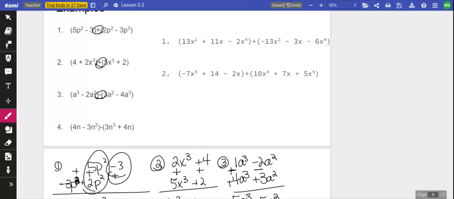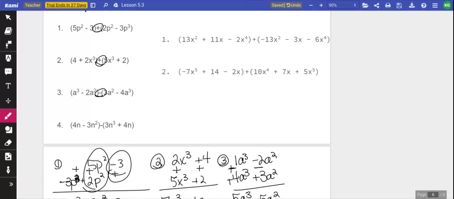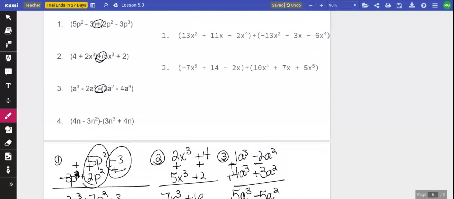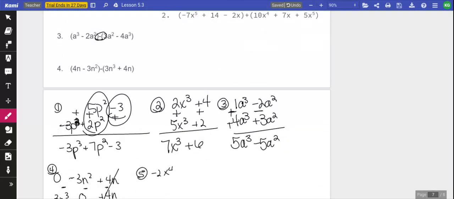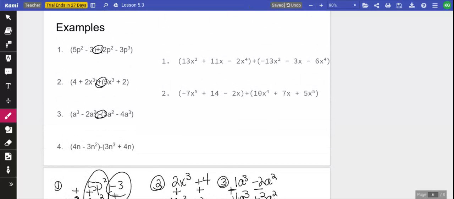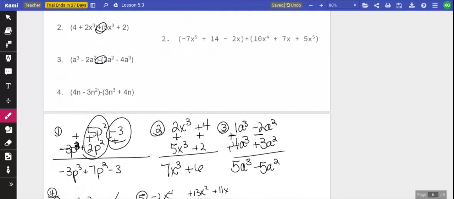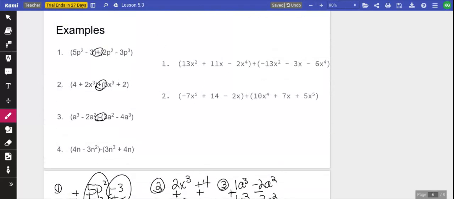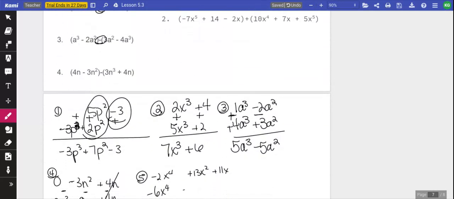For number 5, I'm going to start with my negative 2x to the 4th. And then behind that have 13x squared. And then behind that plus 11x. And then for the second one, I'm going to start with the negative 6x to the 4th under here. The negative 13x squared will go under here.